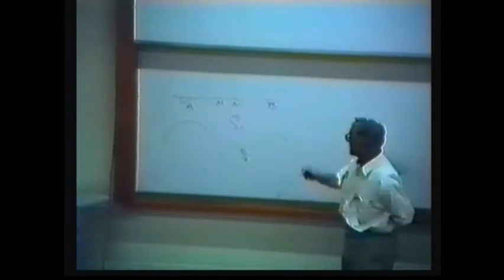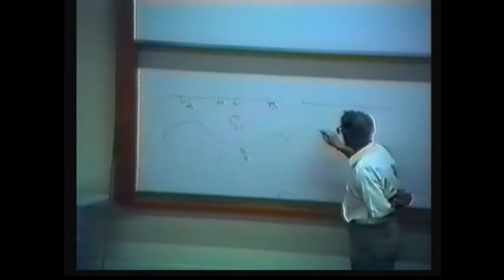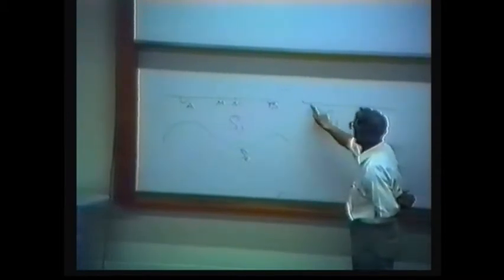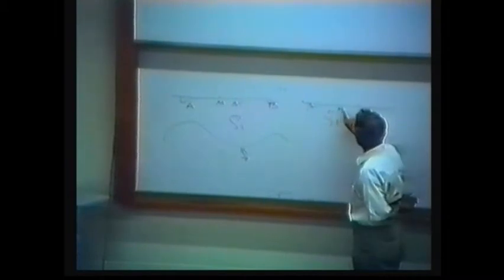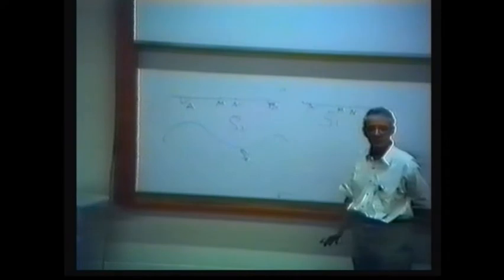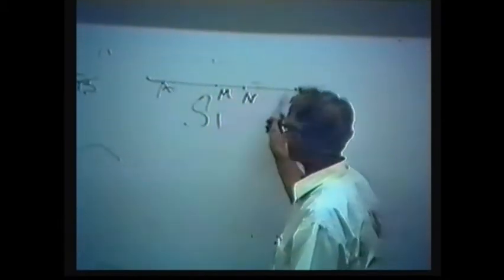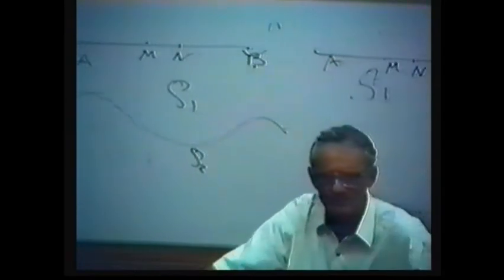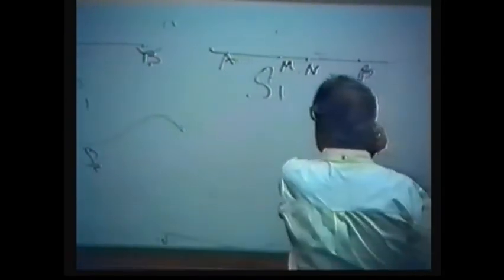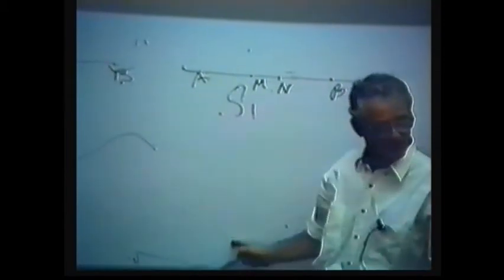Let us mentally imagine a uniform half space with exactly the same array. Clear? The same array, the same current. When I say the same array, the same separation, everything the same, exactly the same. And here we have only a uniform half space.